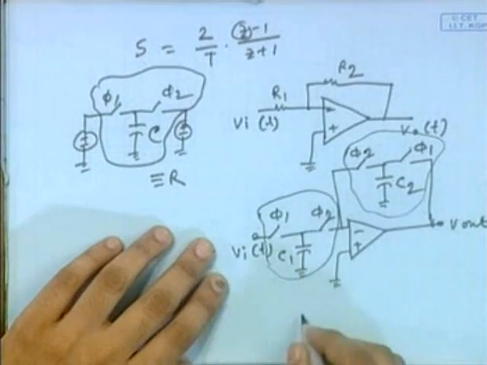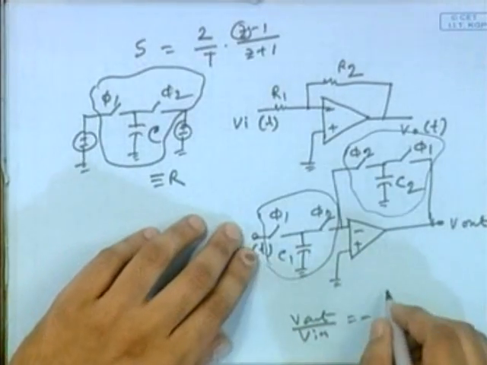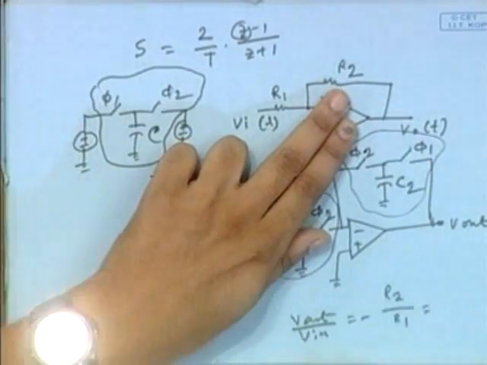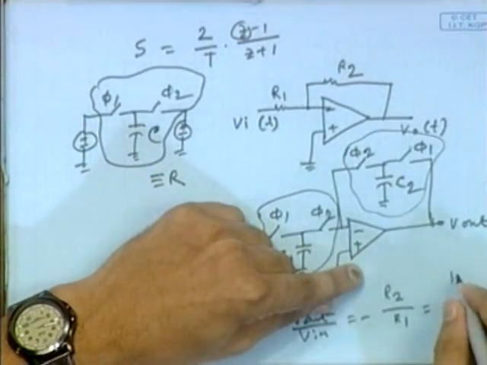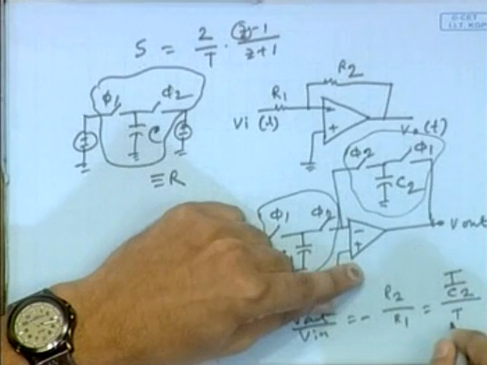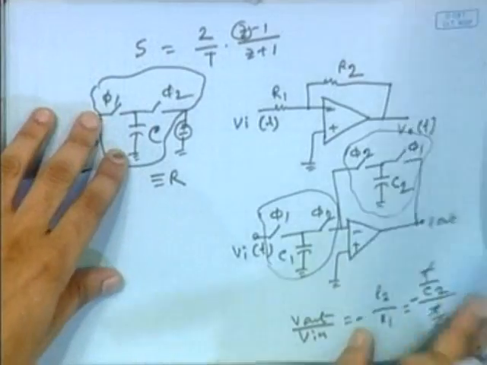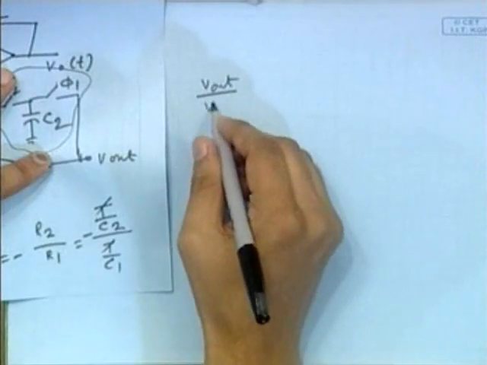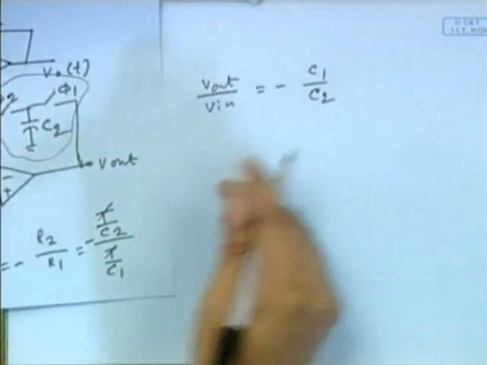Now what will be the gain? Vout by Vin is equal to minus R2 by R1. So it must be T by C2 divided by T by C1. You can cancel these T, and we have Vout by Vin equal to minus C1 by C2.